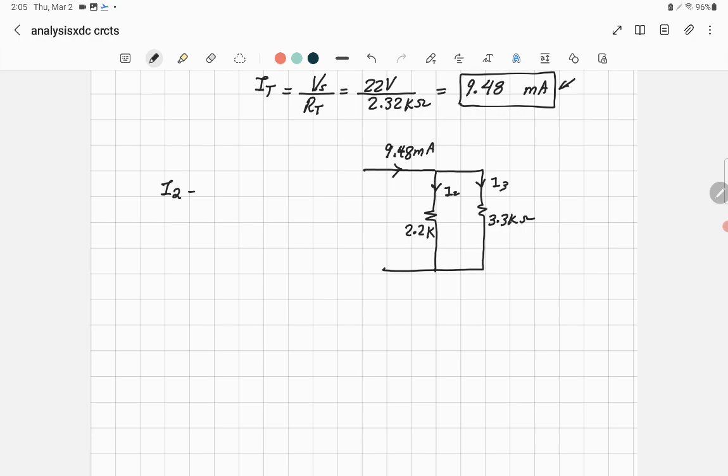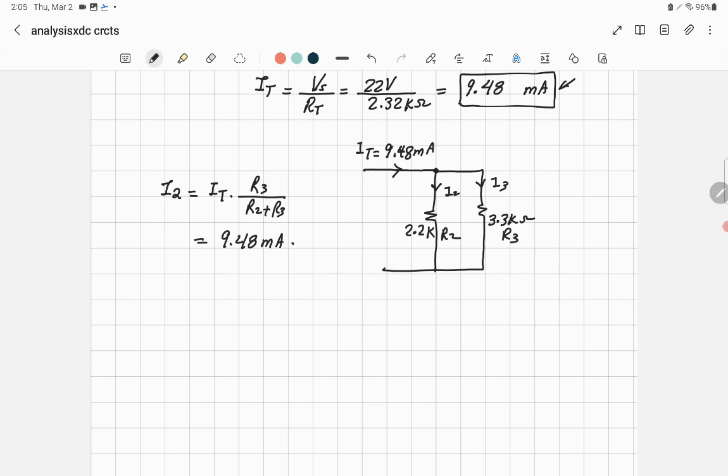If you want to find I2, it's equal to the total current entering this node, and then you multiply by the opposite resistor. What does it mean, opposite resistor? This is R2 and this is R3. If you want to find the current I2, you multiply by R3 divided by the sum of both resistors, R2 and R3. The total current in this problem is 9.48 milliamp.